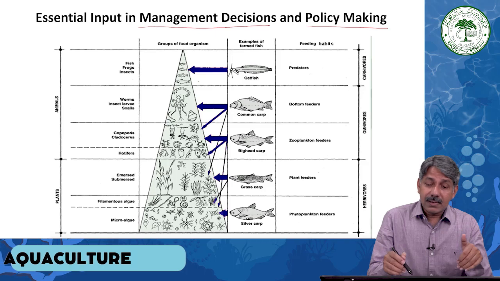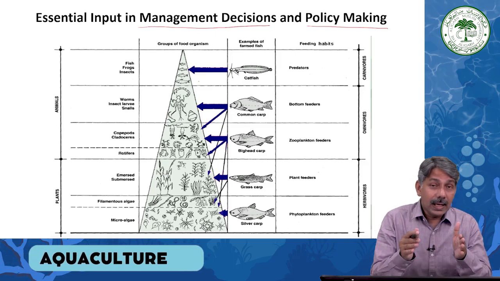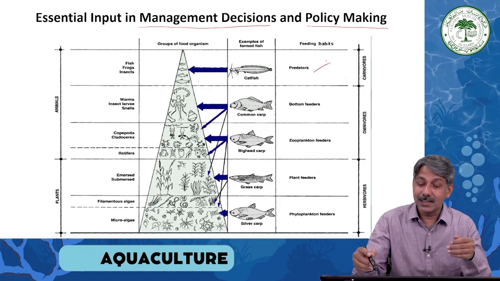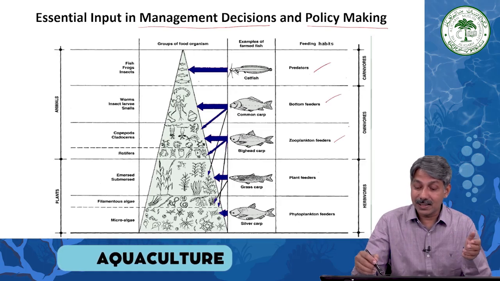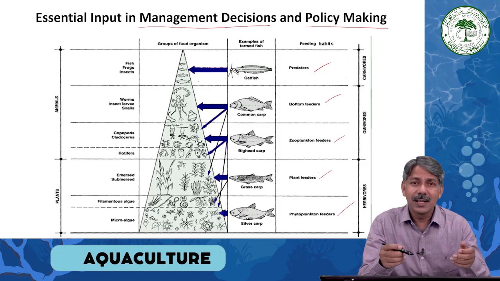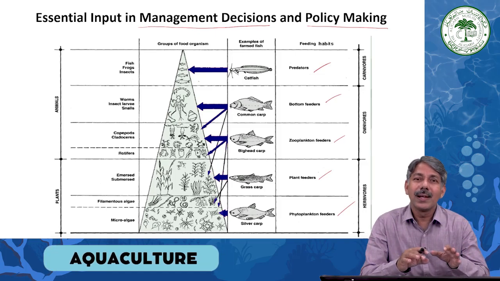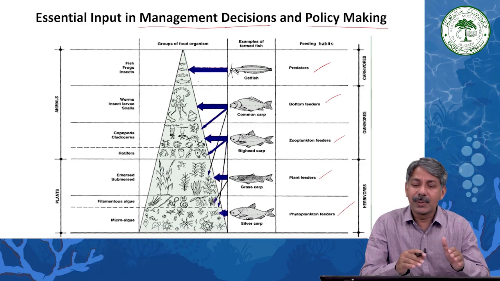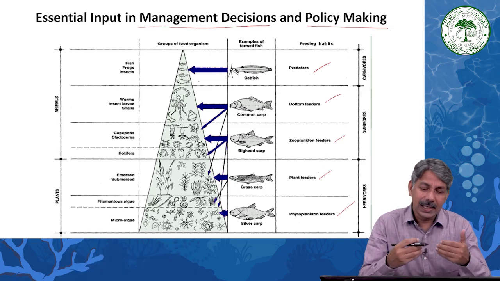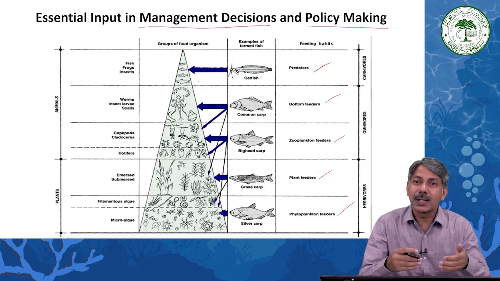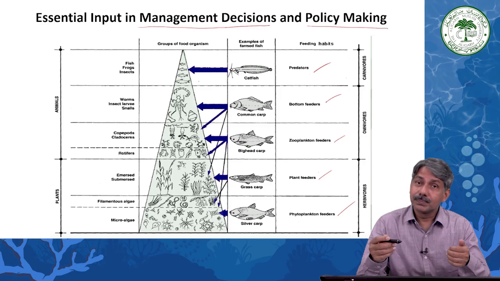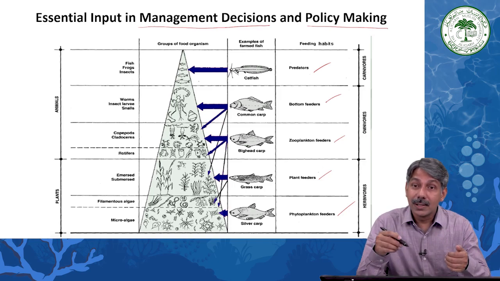Here, what I try to show is that in an ecosystem there are different groups, like predators, bottom feeders, zooplankton feeders, plant feeders, phytoplankton feeders, and this is just one type of ecosystem shown on the basis of energy transfer, or food production or consumption. So, in an aquatic ecosystem, you will have to decide which target fish species you are focused to study.